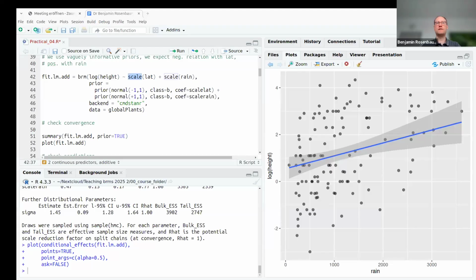I just wanted to use the other one because then you see in the plot that the mean is 0, and you can see that it's actually on the scaled level. But for practical reasons, I would always use this version here.